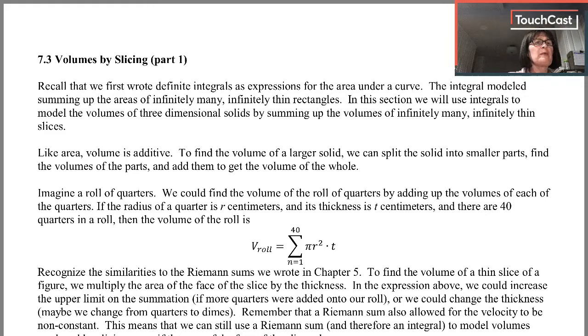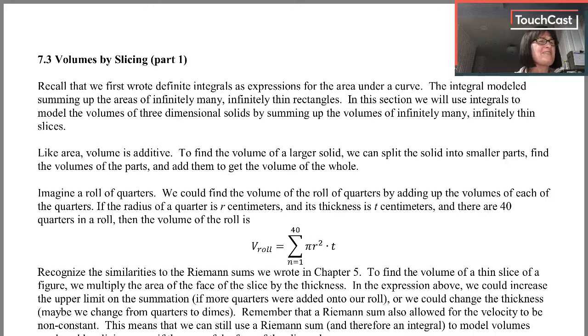Well, the same reason, remember, when we wanted to find the distance traveled by an object, by something that's moving, if we thought the velocity was constant, we'd just multiply velocity times time traveled.